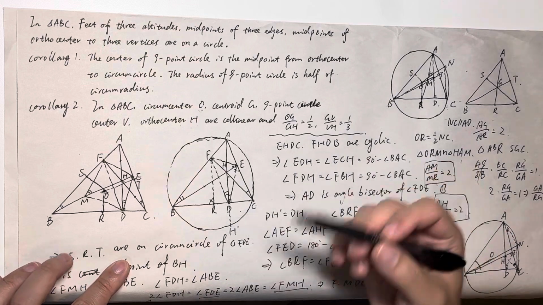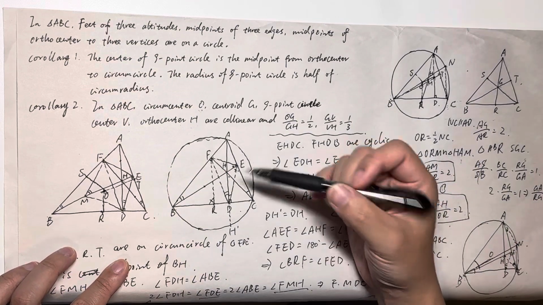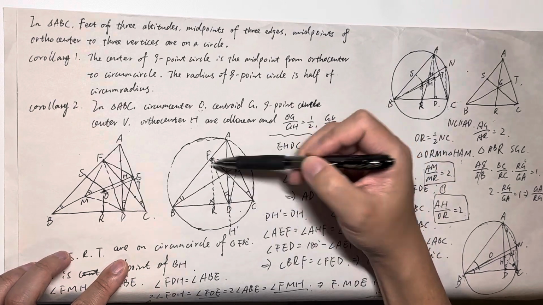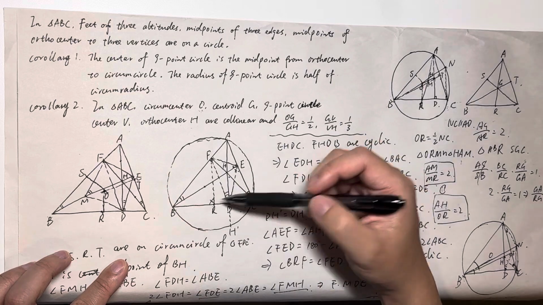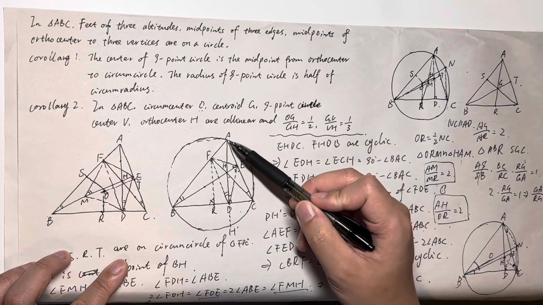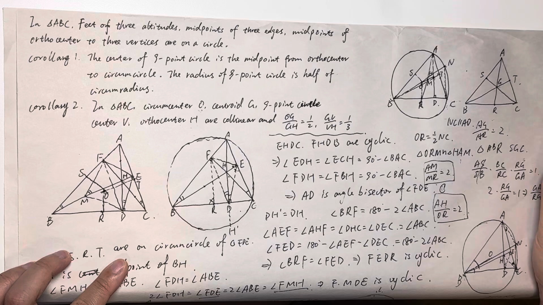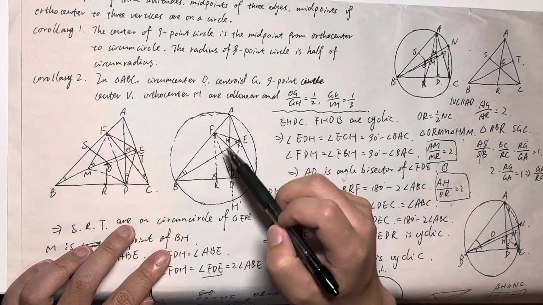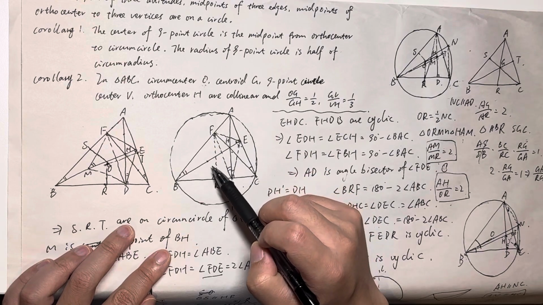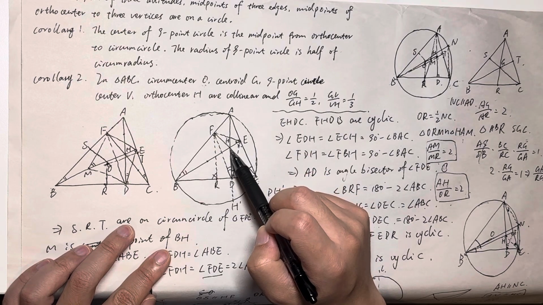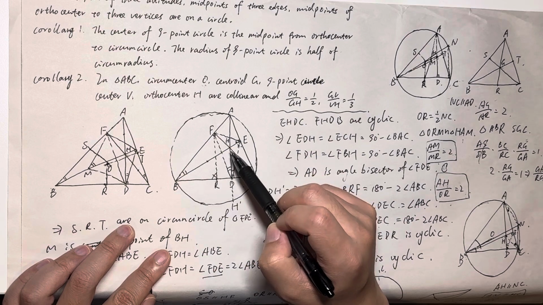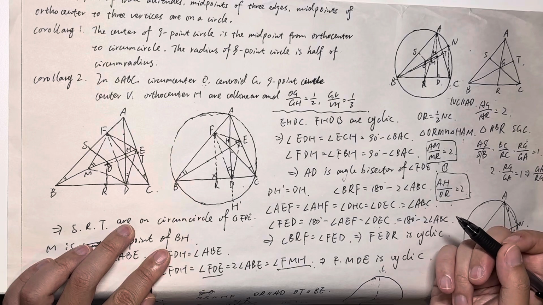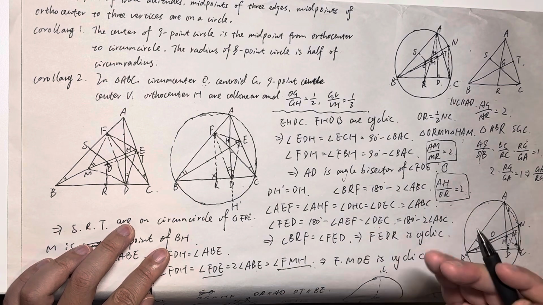And the radius would be half, because the midpoint triangle is half the size of triangle ABC, right? And then we figured out that the centroid, circumcenter, and orthocenter are on the same line, they're collinear, and also the midpoint of OH, that's the 9-point circle center, is on this line; these 4 points are collinear, right?